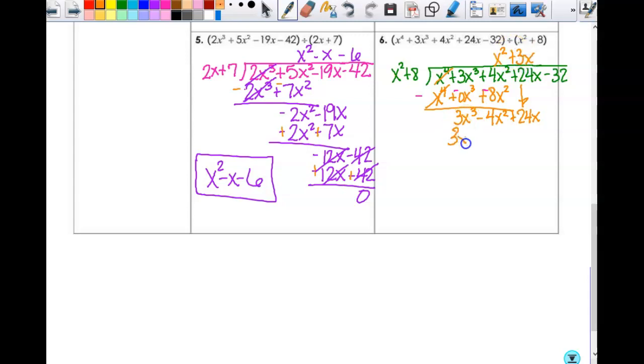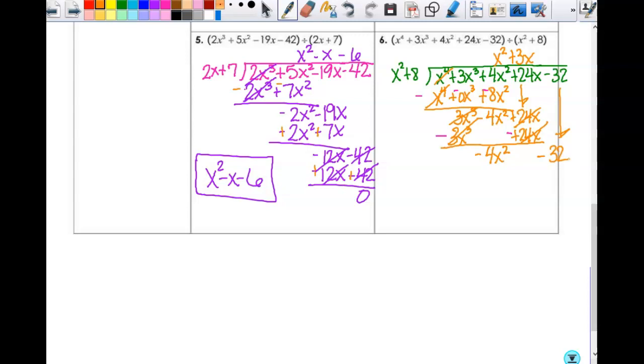So this gives me 3x cubed, and then 24x. Right, and make sure you space them out. You can put a 0 term there if you want to, but you don't necessarily have to. I change the signs on those. So these zero out. This comes down as a negative 4x squared. Those zero out, and then I have to bring down the minus 32.